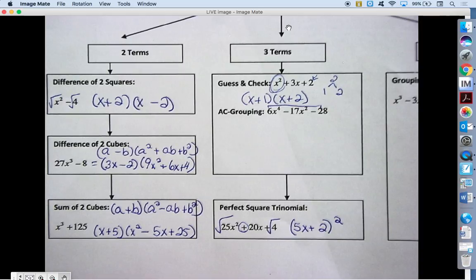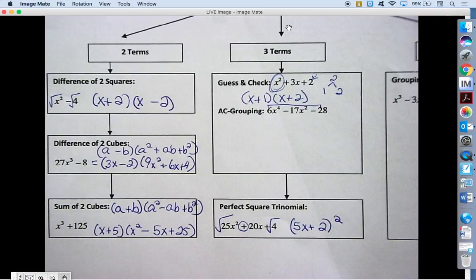My suggestion would be to have this chart out as you're working through the factoring, to reference it. If you're not sure about how to approach a problem, you can at least try and match it up with what's on here and say, all right, it has 3 terms, so I want to use AC grouping. Sarah? Is it by yourself, or can you do a small group? Oh, you'll have time to work with partners.